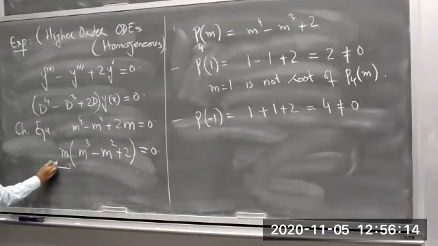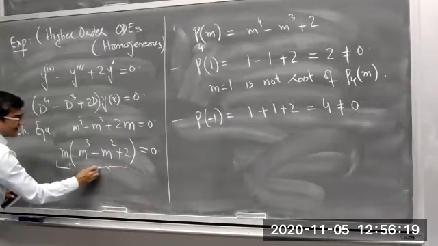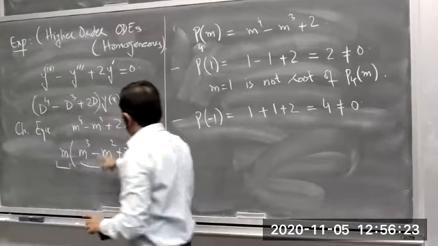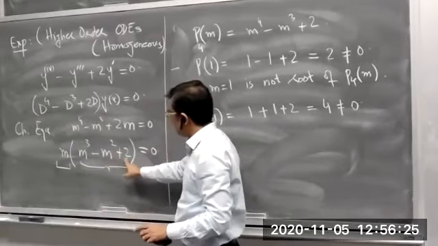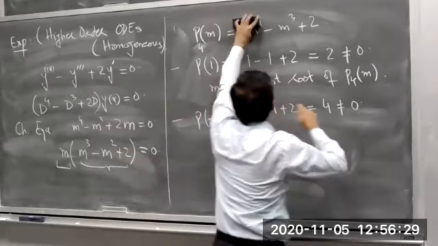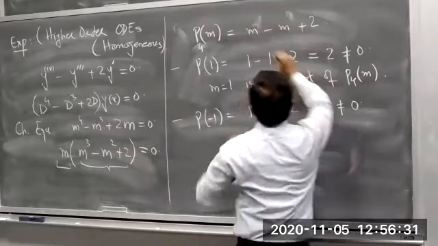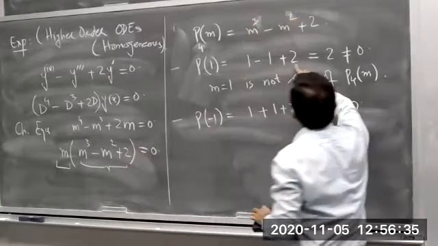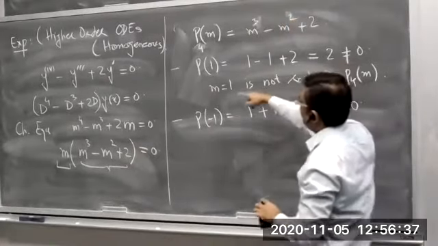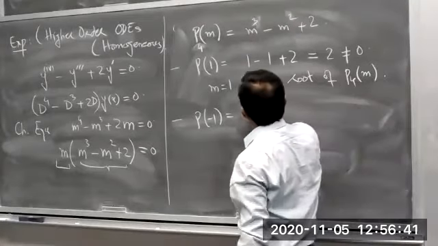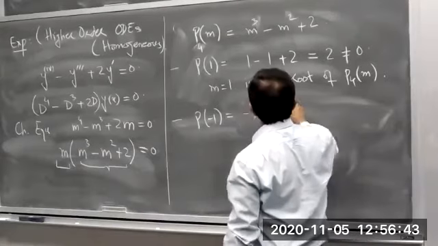Now, one root is what? m is equal to 0. Now we need to find the roots of this polynomial, and we again use the same procedure. We see the divisors of 2 here. If we put 1, we again get the same result. If we put minus 1, we get minus 1 minus 1 plus 2.